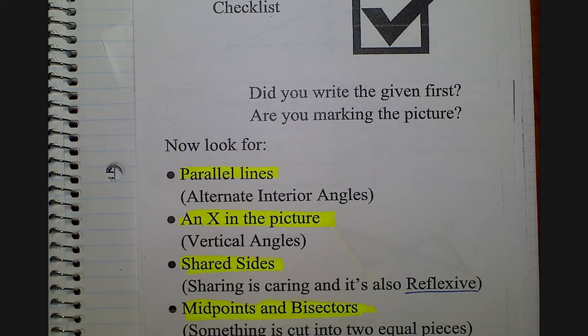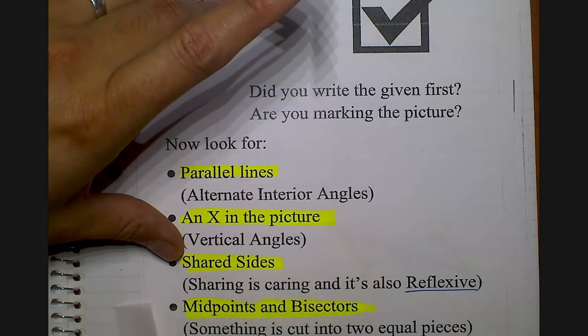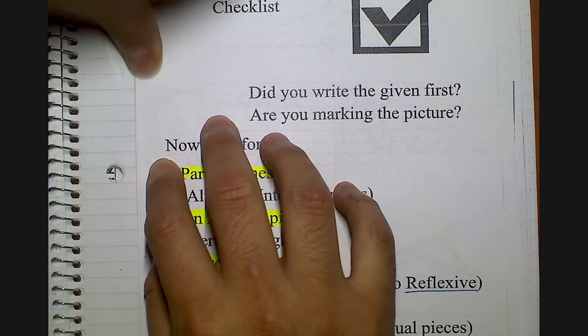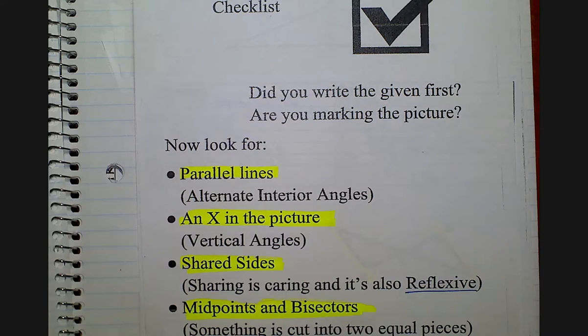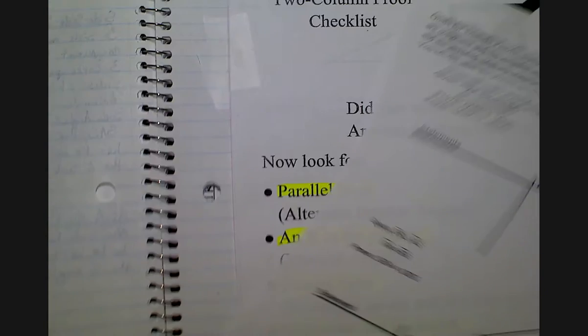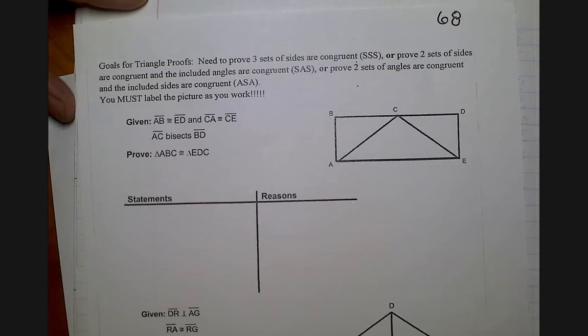And then we're going to take a look at page 68 here momentarily. Okay, now let's take a look at 68. On 68 is what you guys are going to work on. So on page 68, we actually have the practice over here.